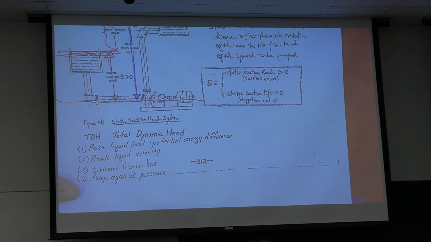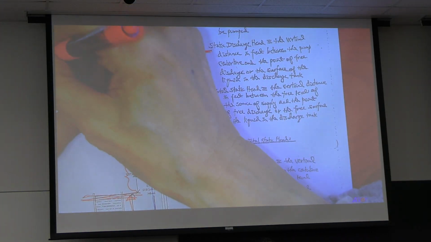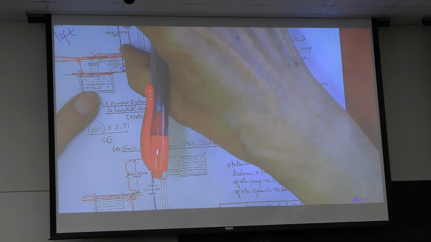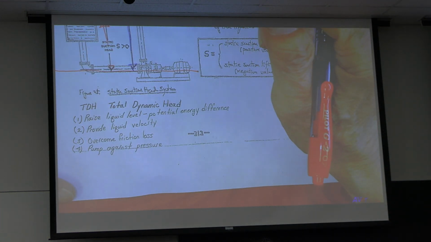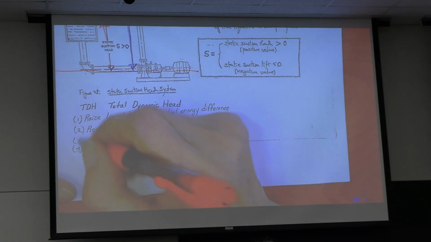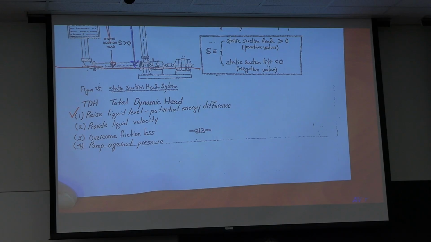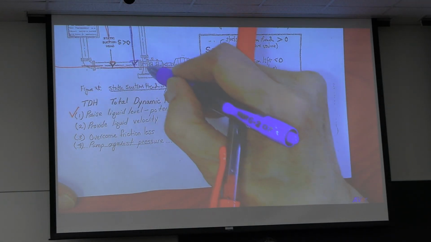So remember, the center line of the pump determines the total potential energy difference. Okay? Total dynamic head: potential energy difference, raise the liquid level. Provide liquid velocity inside the piping.